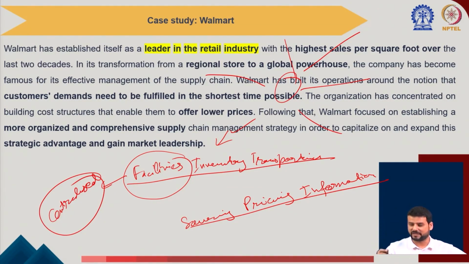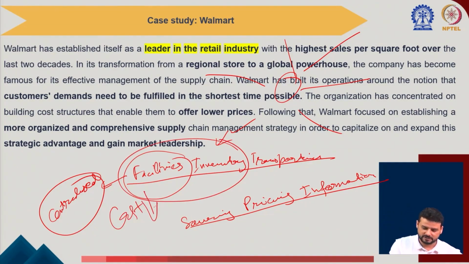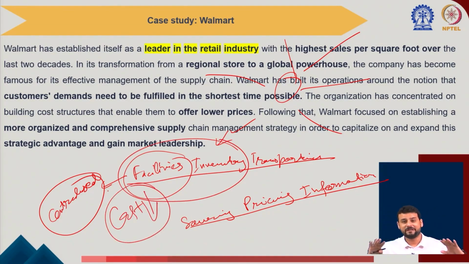Facility cost is also minimized because instead of setting up 10 different facilities, you are having one centralized facility, so facility operation cost is also down. In that way they are saving huge cost in these 2 parameters. Inventory, almost minimum inventory at stores, but they are keeping maximum inventory in the centralized store.